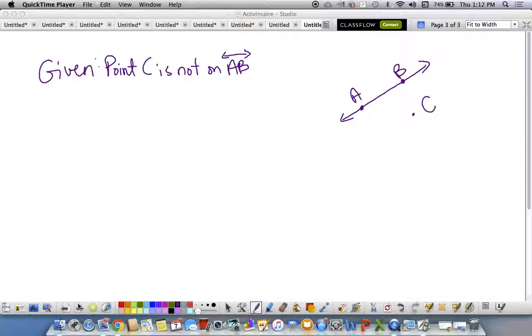Does that say the same thing? There's a line and a point not on the line. Okay? Question is, do I need to write this given statement? Yes. Do I need the diagram? Yes. What do we want to prove? The conclusion. Exactly one plane contains line AB and point C.